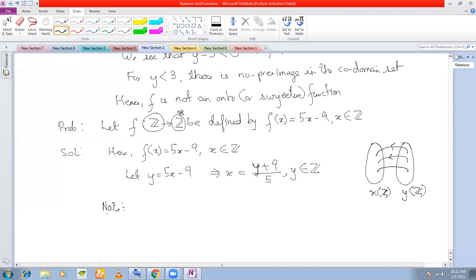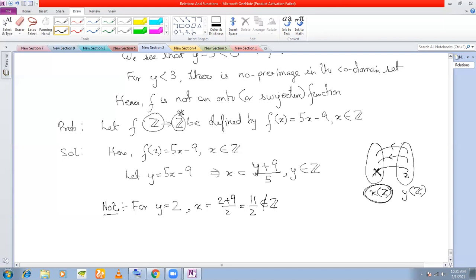You will not get. You know why? Say if we take y is equal to 2, then what is the x? 2 plus 9 by 5, which is 11 by 5. Is it an integer? Does it belong to this set? No, sir. That means for y is equal to 2, we are not getting an image in x.